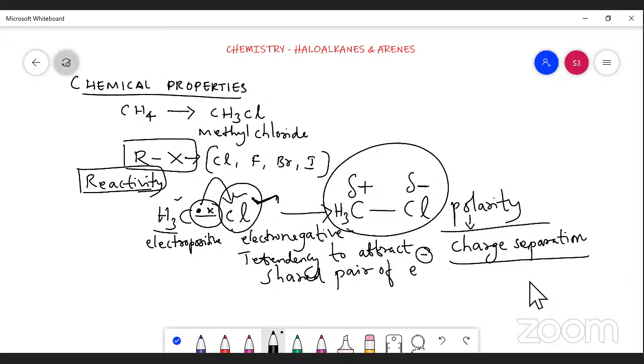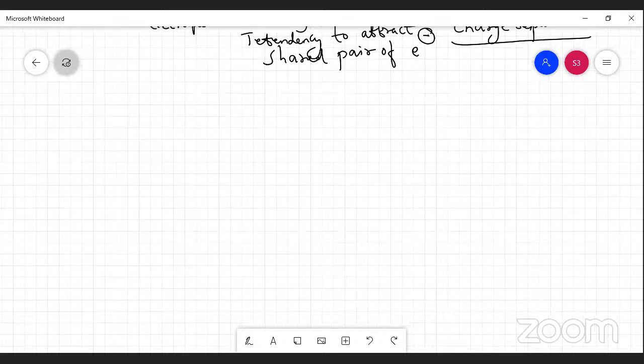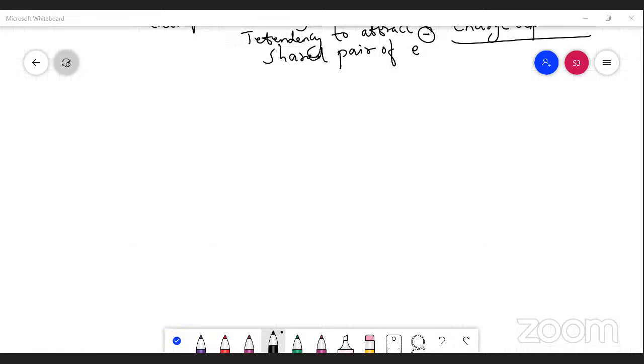Here we are going to discuss the chemical properties of haloalkanes based on the reactivity.